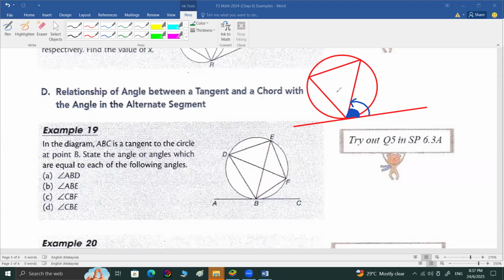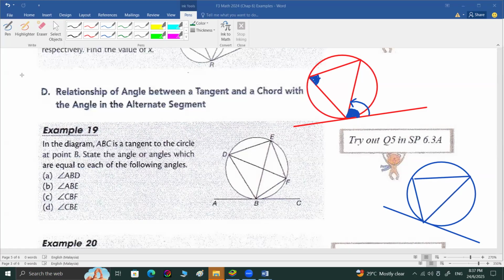Then you look at the opposite one here. So it means the angle is the same. If I draw another one, maybe somewhere else, okay, so that's 3, you see?